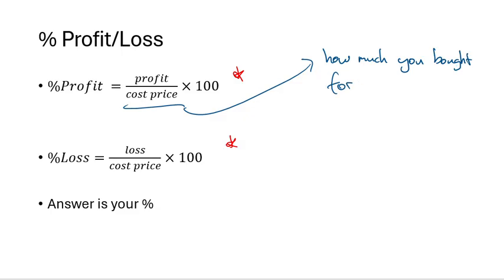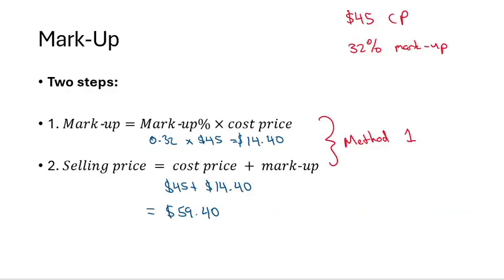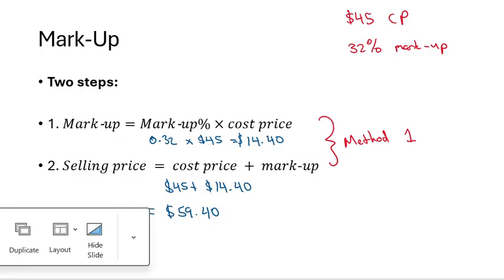Okay. And yeah, there we go. So just remember these formulas. These are just some examples here. Just go through it. I think you'll be fine if you just follow the formula.